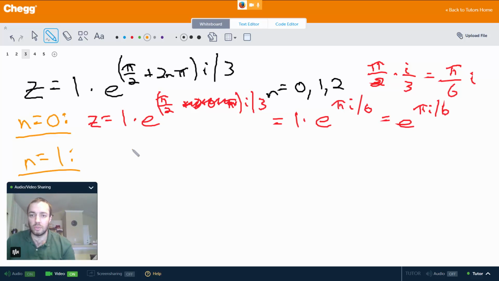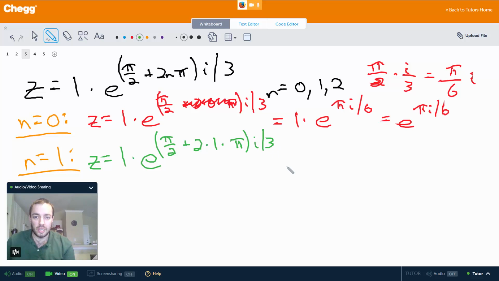Now what if n is 1? Then what happens? So a little more complicated, but still the same idea. Just plug in n equals 1 and simplify. Then we have z equals 1, this 1 right here, times e to the (pi over 2 plus 2 times 1 times pi), all multiplied by i over 3. Simplify that, and we're going to get pi over 2 plus 2 pi. So this 1 out here doesn't really do anything, so we'll just say e to the (pi over 2 plus 2 pi), times i over 3.